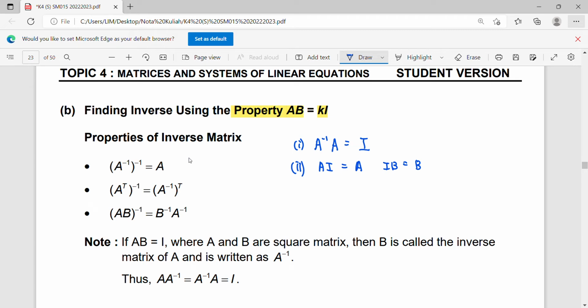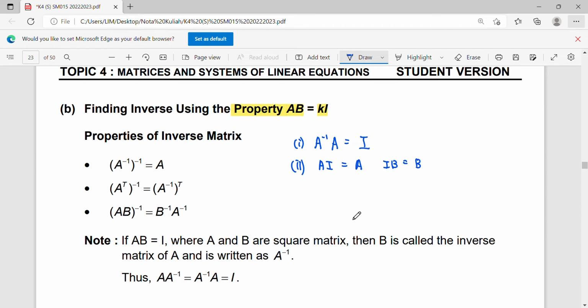For the properties of inverse, the inverse of an inverse comes back to matrix A. A transpose inverse is the same as the inverse, then you transpose after that. The inverse of the product AB equals B inverse times A inverse. So these are some inverse properties.